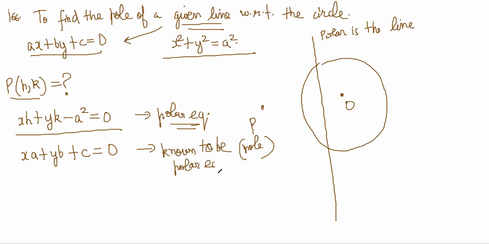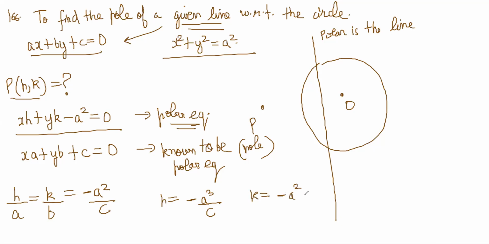So then comparing coefficients, these two equations are supposed to be the same thing, no? So h should be equal to minus a cube by c, and k should be equal to minus a square b by c. Obviously this is a cube because this was a and this was a, that's why.